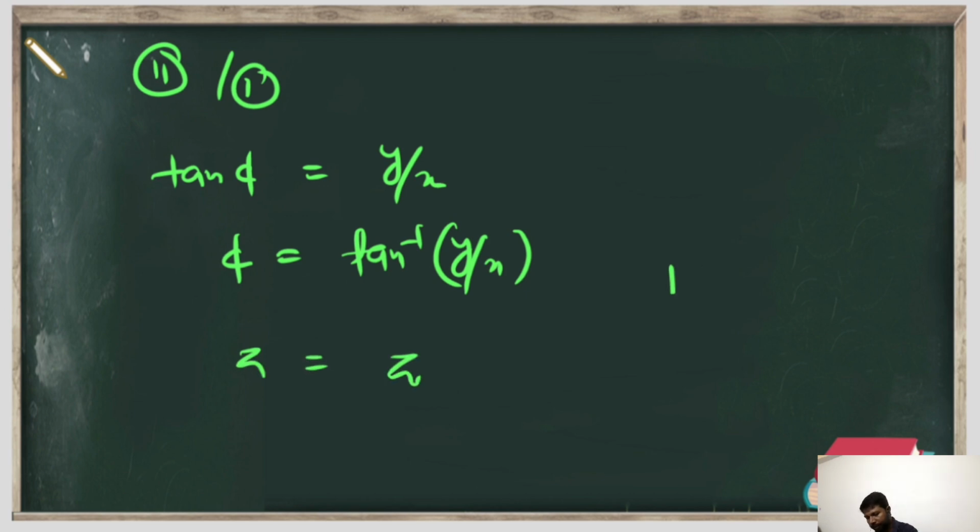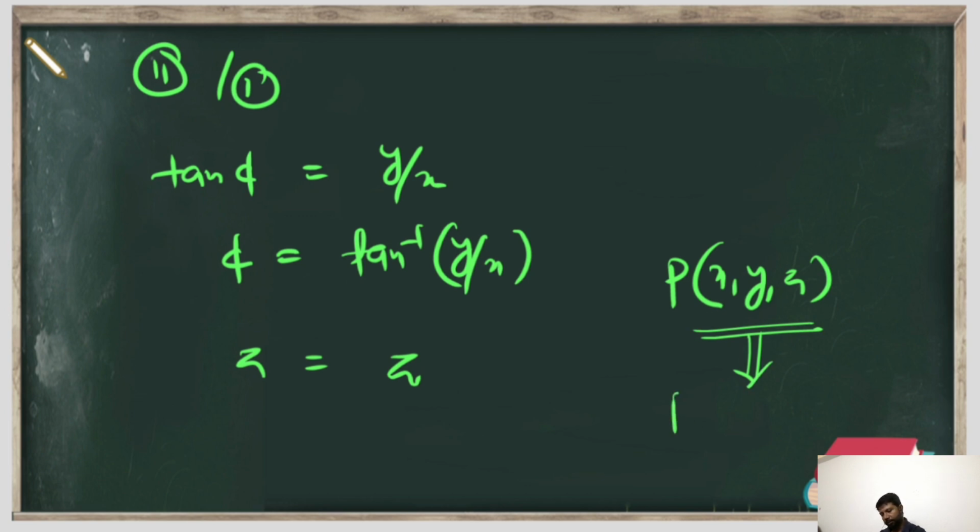If a point is given in the rectangular coordinate system, that means the x value, y value and z value of that point are given, and we are trying to convert this point into the cylindrical coordinate system, then we have to calculate rho and phi.